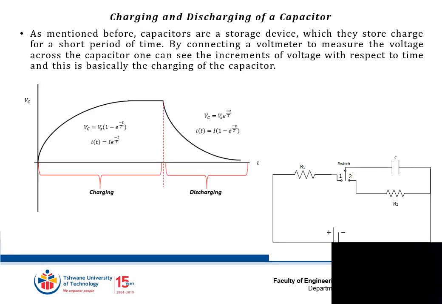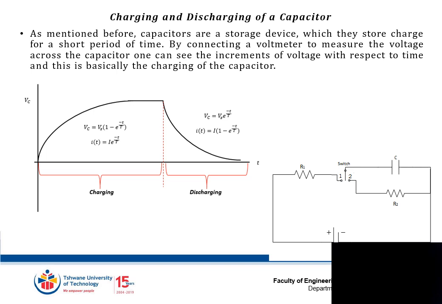As mentioned before, capacitors are a storage device which store charge for a short period of time. By connecting a voltmeter to measure the voltage across a capacitor, one can see the increment of the voltage with respect to time, and this is basically the charging of a capacitor.